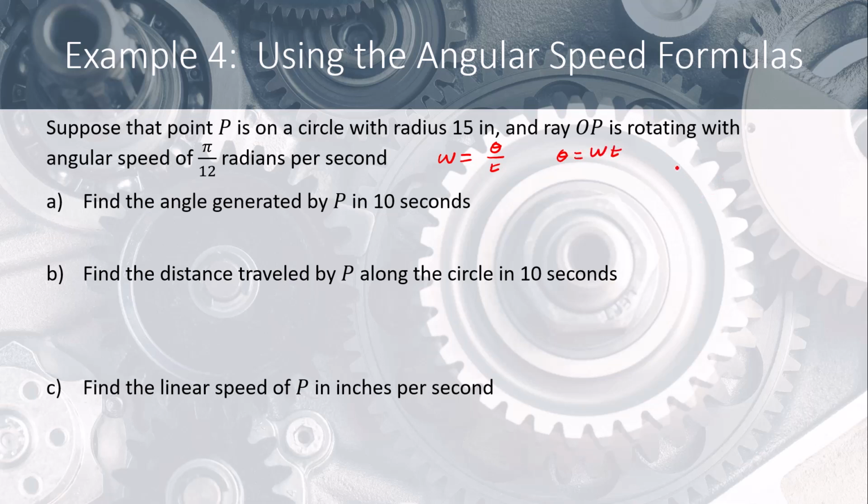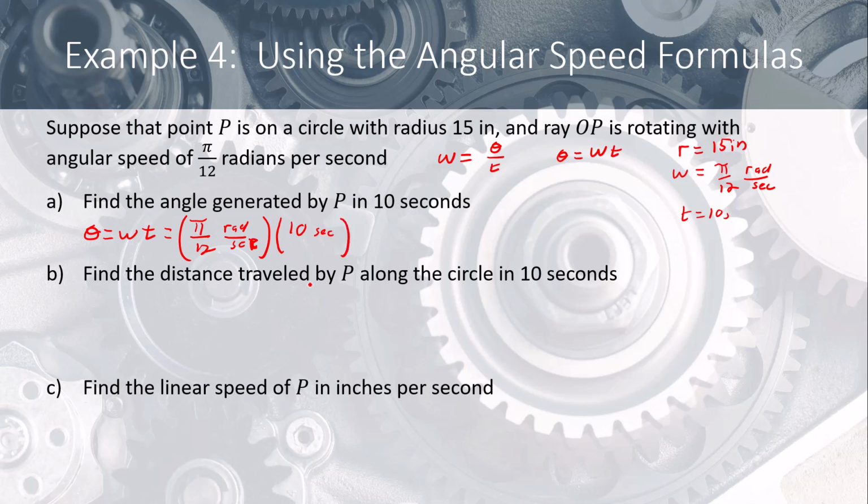With that in mind, let's keep track of what we already know. We know that our radius is 15 inches. We know that our angular velocity is pi over 12, and that has units radians per second, and sometimes units are important here. We know that our duration is 10 seconds. We also know that theta is equal to omega times t. Omega is pi over 12 radians per second, and t is 10 seconds.